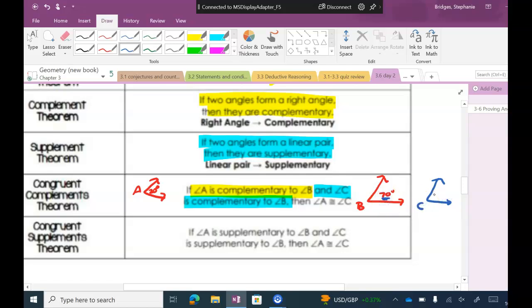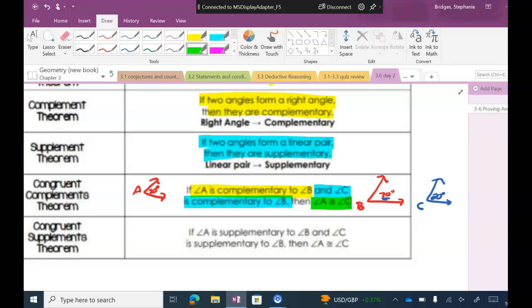What adds with 70 to give me 90? 20. So if A is complementary to B and C is also complementary to B, then by this theorem, A and C have to be congruent. If A is complementary to B and B is complementary to C, then A and C have to be the same thing.